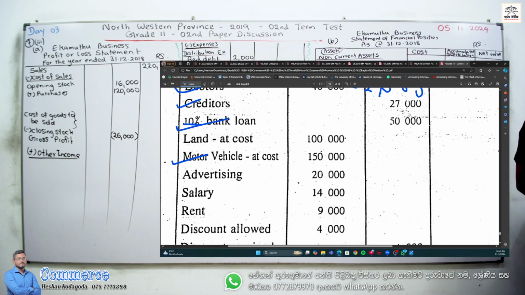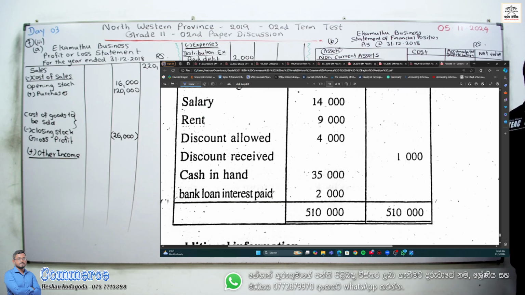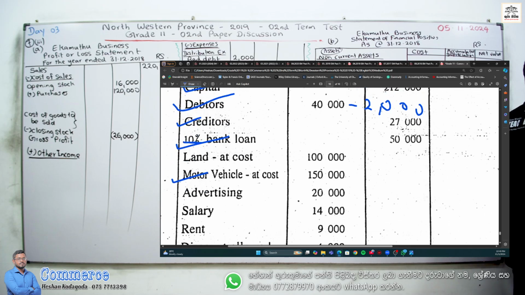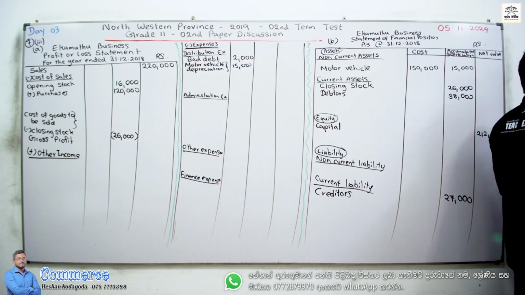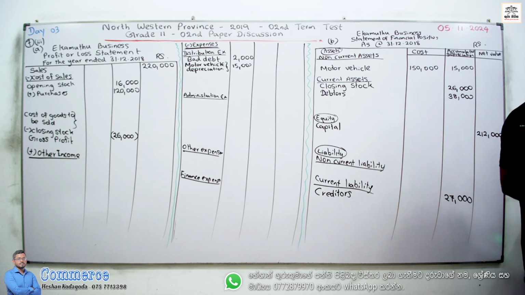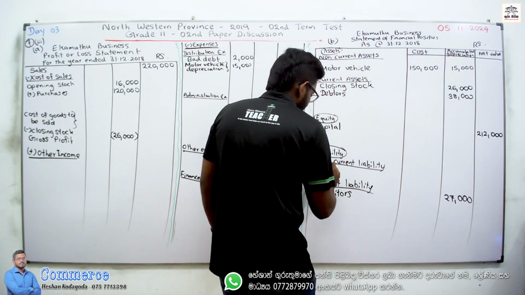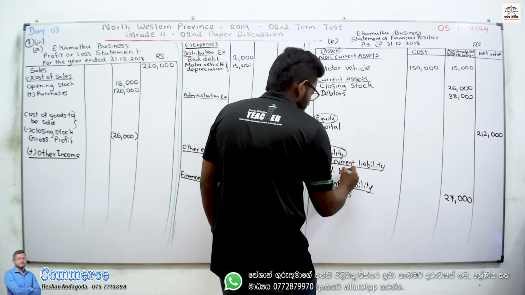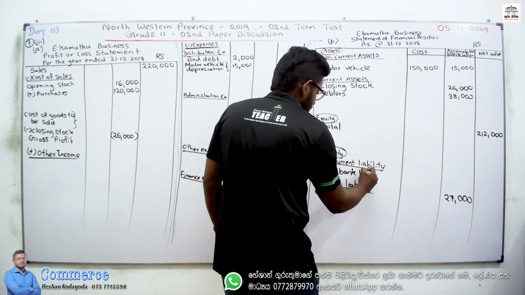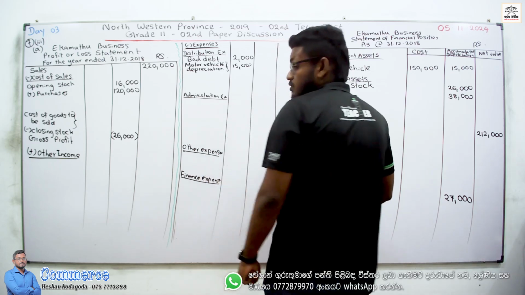Out of the 50,000 bank loan, 10% means 5,000 is the interest, but only 2,000 was paid. So the rest, 3,000, is identified as a current liability. I think someone asked about this. Yes, sir. So the 10% bank loan is a non-current liability. It's 50,000.